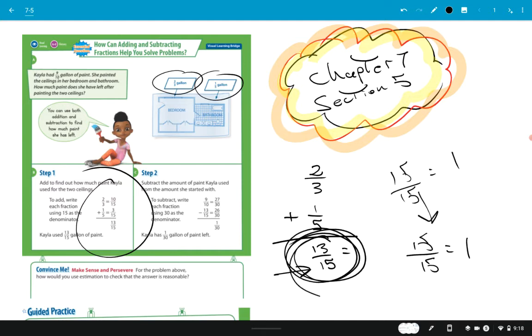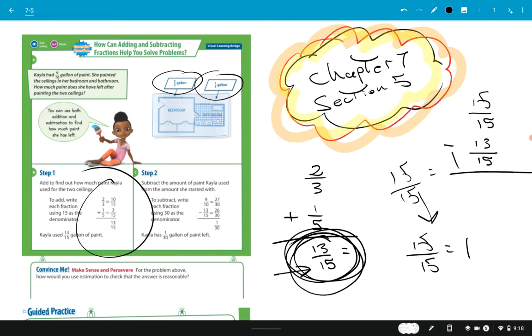She used 13/15. What's left over? Another way to look at this is 15 over 15 subtracting 13 over 15.